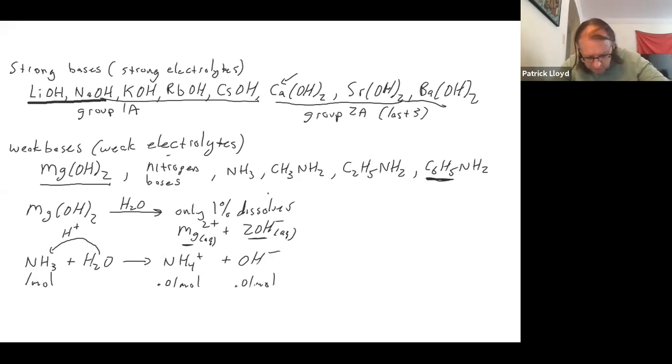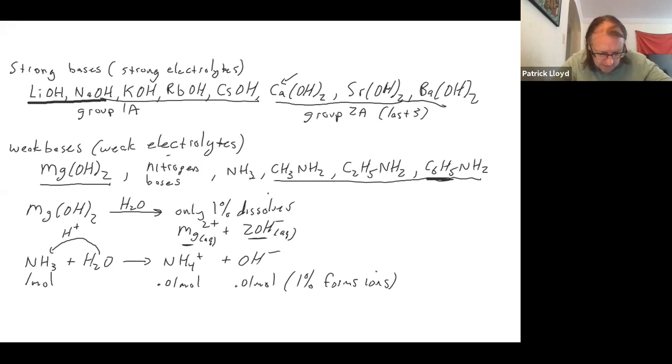Only about 1% forms ions. So since you only have a few ions, it's going to be a very poor conductor. You'll get a little bit of dim light coming out of that light bulb, but it will not be particularly bright. So the nitrogen bases are weak bases. Magnesium hydroxide is also a weak base. Okay. So now we can classify these things a little better.